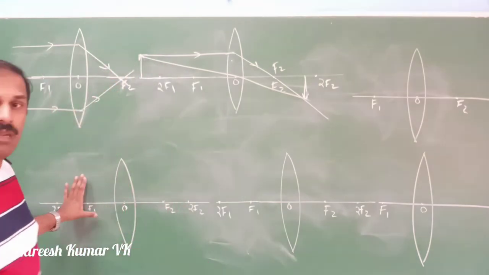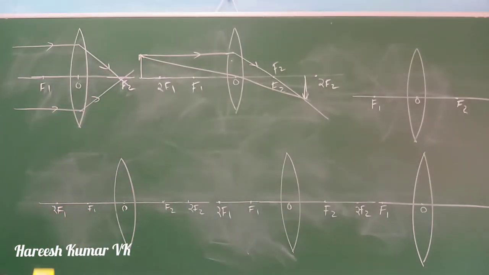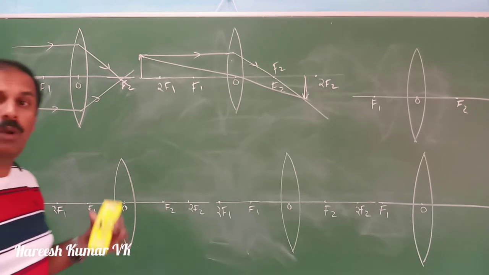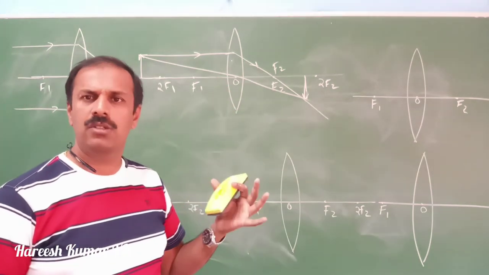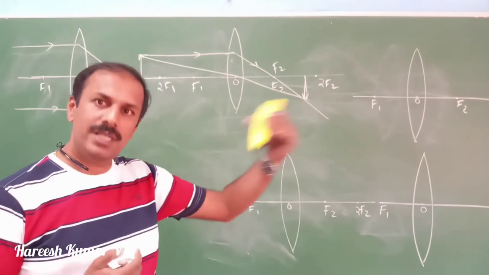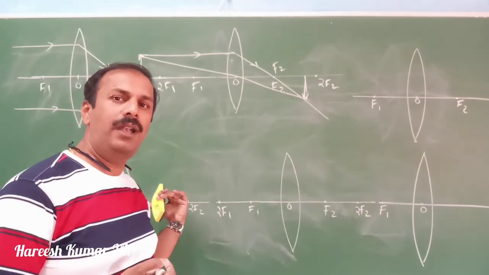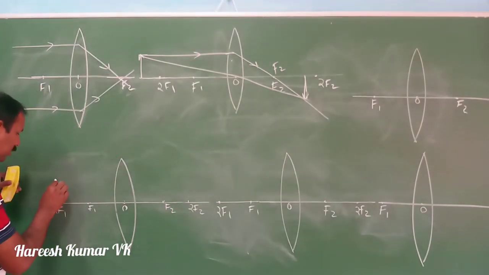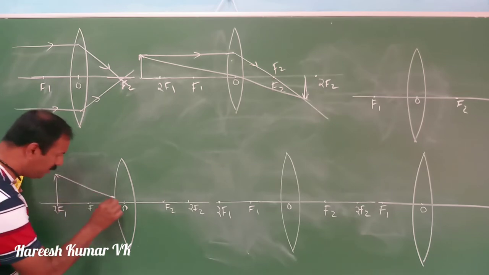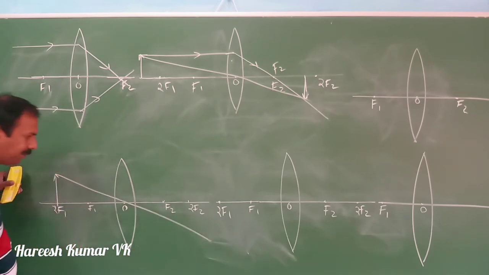Now the third case I am going to draw, when the object is at 2F. In the case of the mirror, the object was at C, and the image was formed at C on the same side. Here if it is 2F1, then it will be formed at 2F2. So we can draw it. You draw the object here. One ray from the object will pass through the optic center like this.